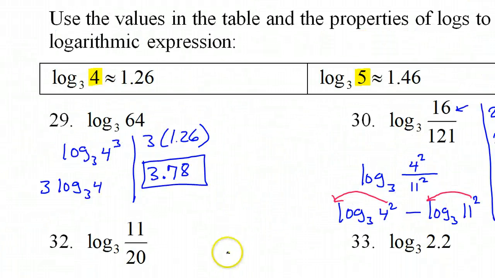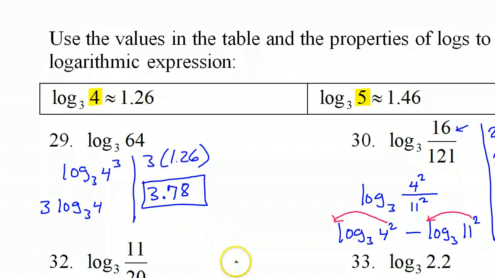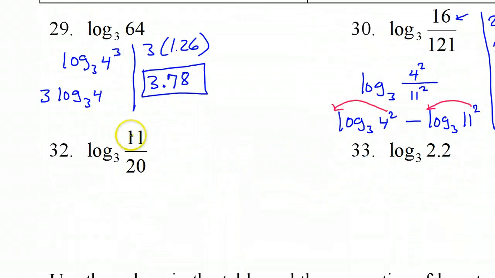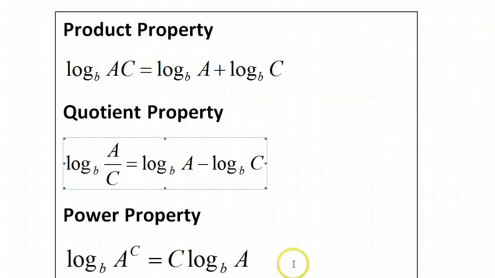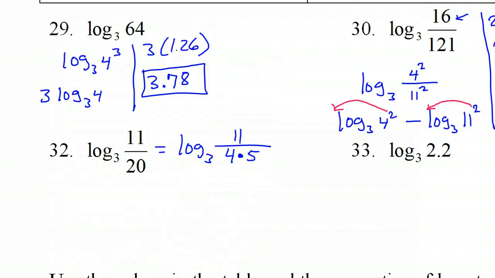Okay, 32. Remember, 4s, 5s, and 11s. That's what we want. Well, there's an 11 right there, and 20 is 4 times 5. So there's my 4, 5, and 11. So in fact, let me just go ahead and rewrite this. So this would be log base 3 of 11 over 4 times 5. Now I'm going to split this up using a combination of the product property and the quotient property, but I'm going to do it Allen style.